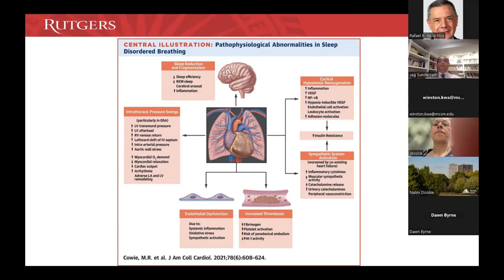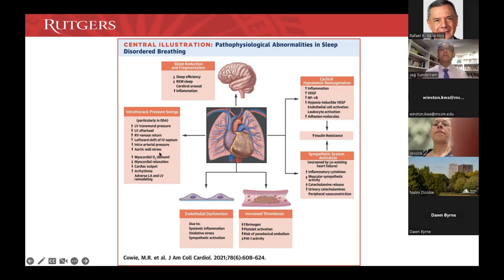So both preload and afterload are increased, therefore impairing cardiac function, leading to a shift of the IV septum and increasing interarterial pressures, also with increased stress on the aortic wall and increased oxygen demand. And so all of these clearly suggest that there is potential significant cardiovascular risk as a result of these repeated events.